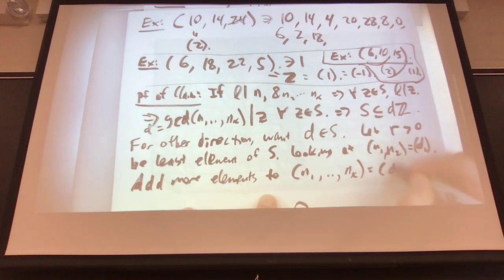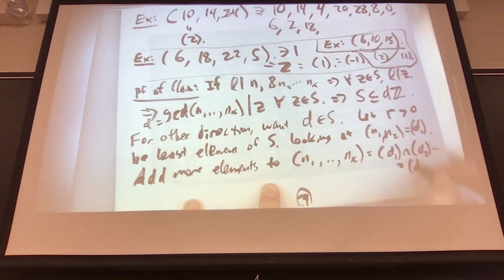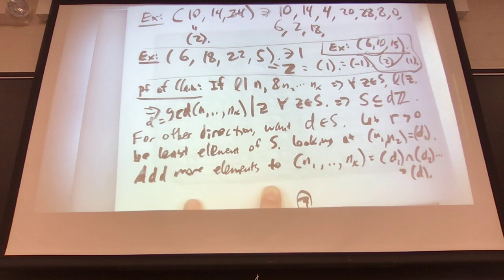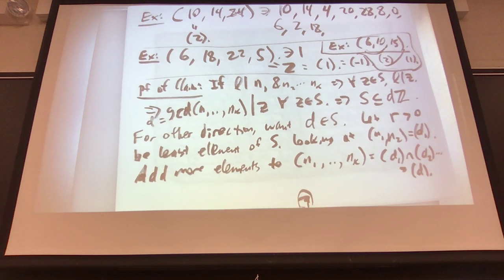So it's d1 intersect d2 and so on, which is the full ideal generated by the full GCD. I ran out of time, so I rushed this last argument. Maybe I'll give you this argument again.